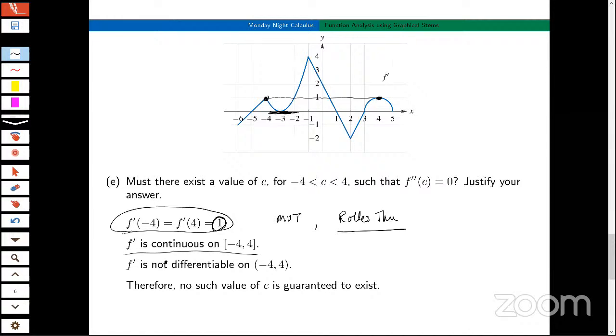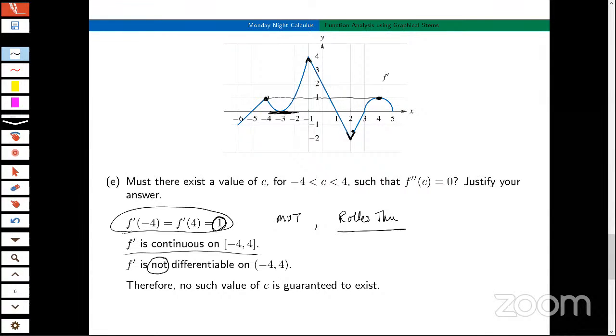But be careful. F prime is not differentiable on this open interval. And how do you know that? We know that because we talked about this just a little while ago. There's a corner point there, a sharp edge there. So we know from the graph that f prime is not differentiable.